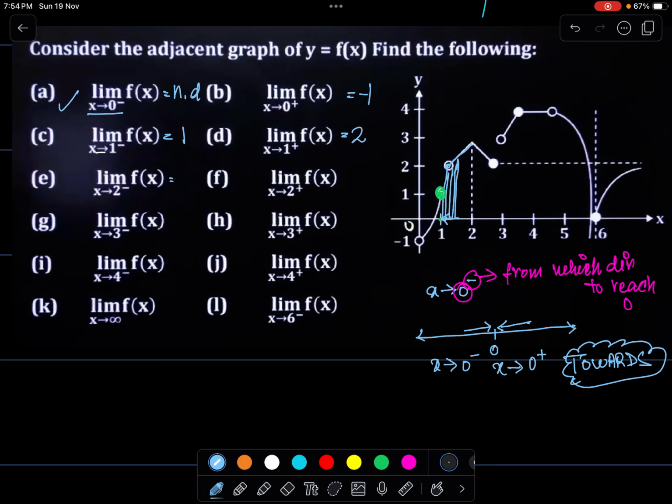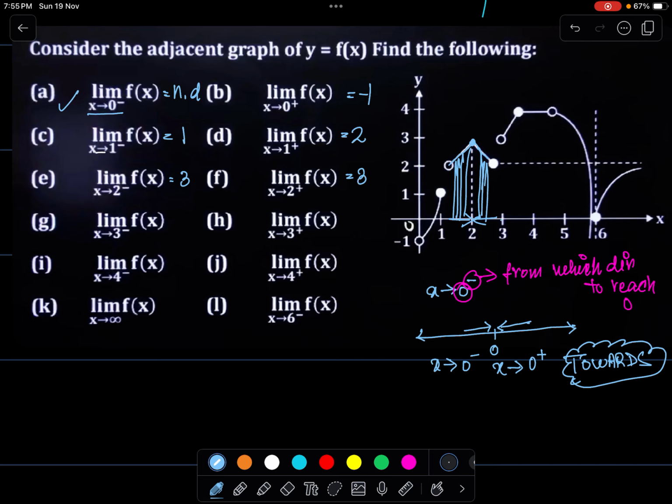Similarly here, when x is tending to 2 minus, my function is going towards 3. And here when I am moving from the right, the curve is again moving towards 3.